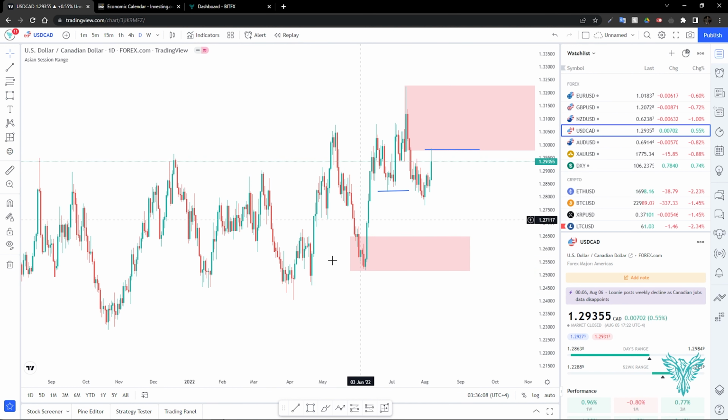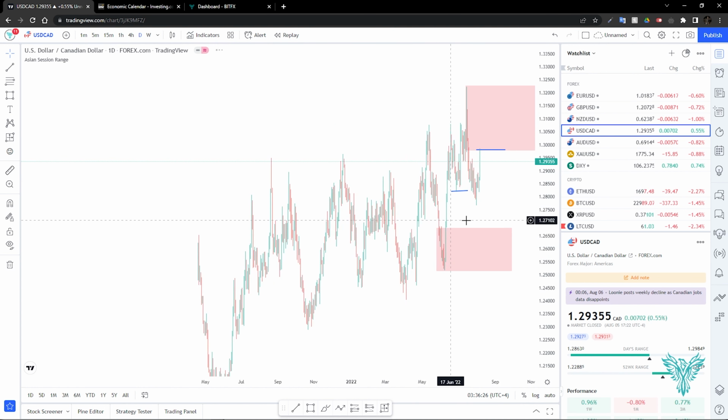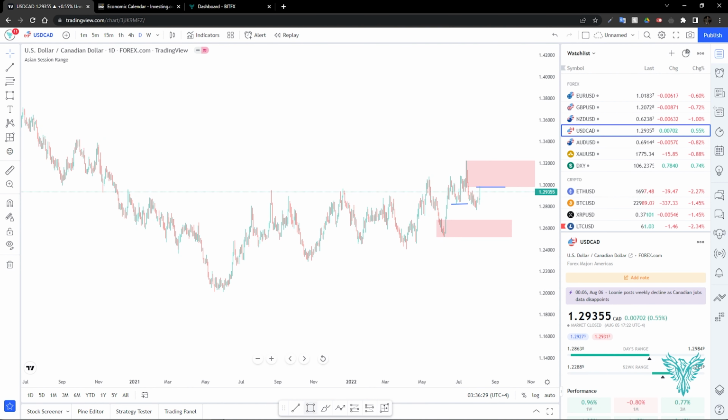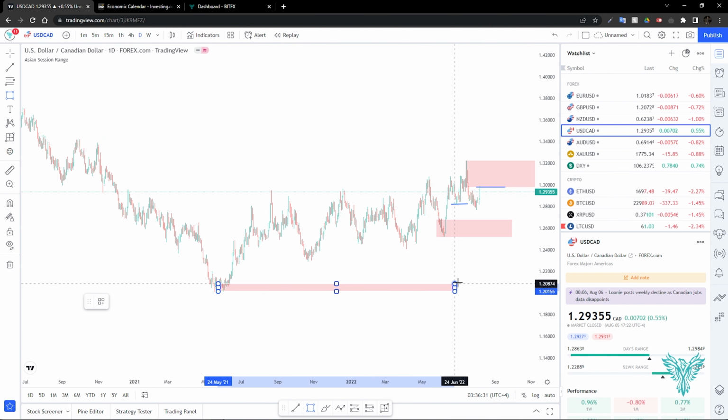This is a major external higher low right here on the USDCAD daily time frame, and even on the weekly this is the external low. So if USDCAD decides to respect this POI, this would be my target 1. My target 2 would be this right here.